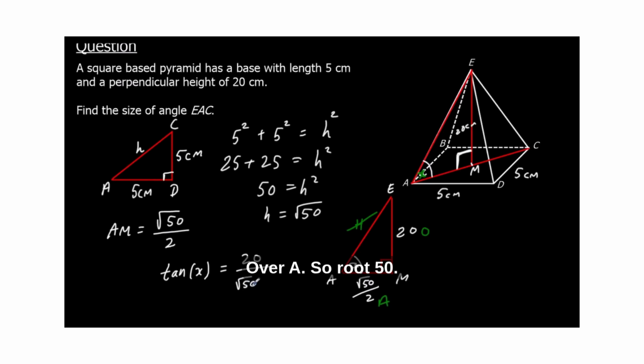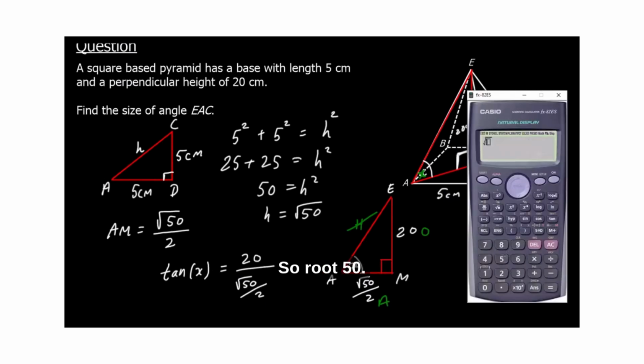So 20 over root 50 over 2. Root 50 is 5 root 2, and half of that is 5 root 2 over 2. So we can use this answer in our calculator.